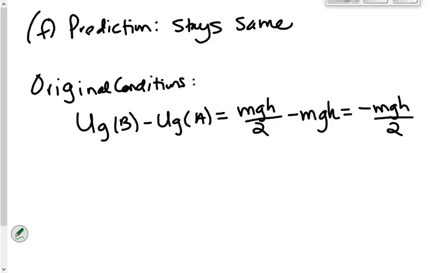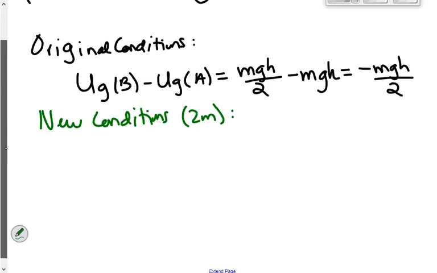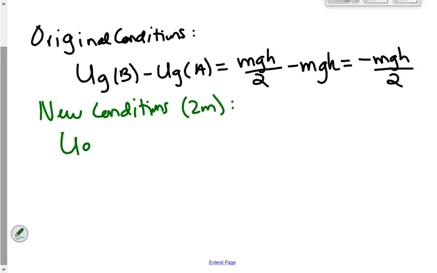Okay. And then we have our new conditions. And in our new conditions, we have twice the mass, right? So I'm going to take, again, UGB. I'm going to call it UG prime B minus UG prime A, because they're going to be different values if it's a different amount of mass.